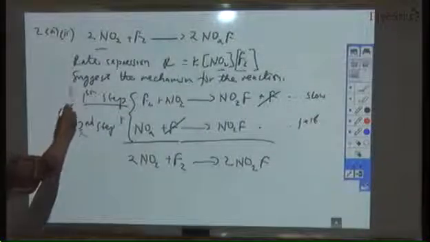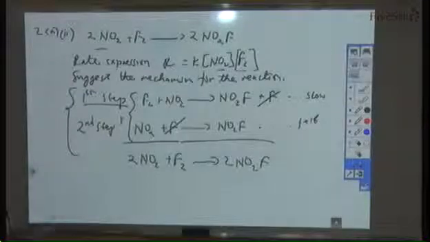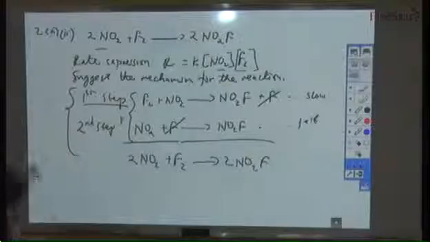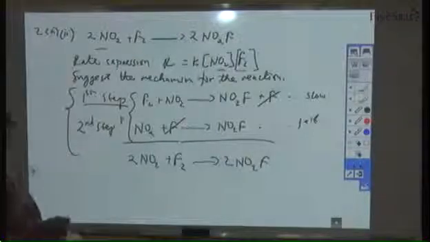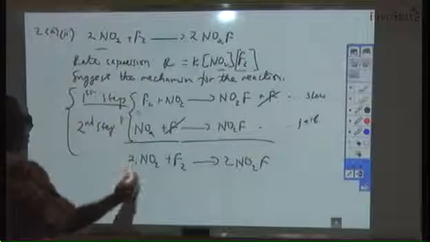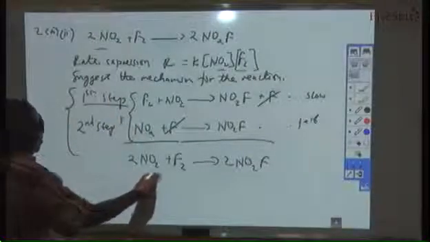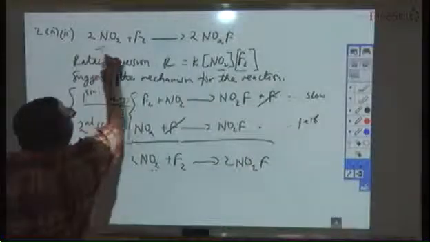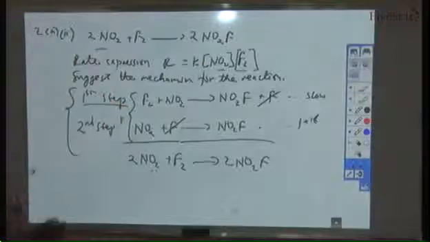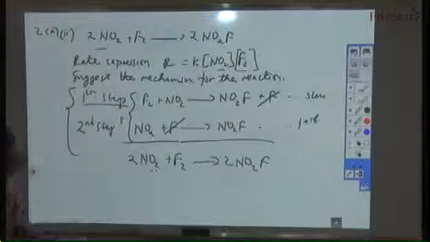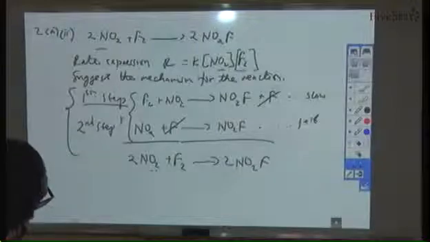Now, this is our mechanism, because the mechanism shows how a reaction proceeds. From this mechanism, we can have our overall reaction, which is given by our question. So this will be the mechanism for such a reaction.